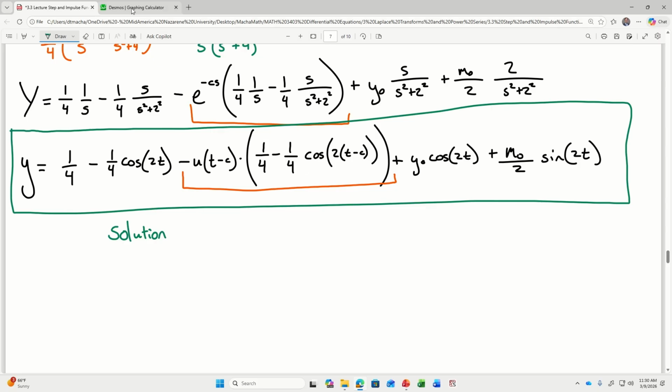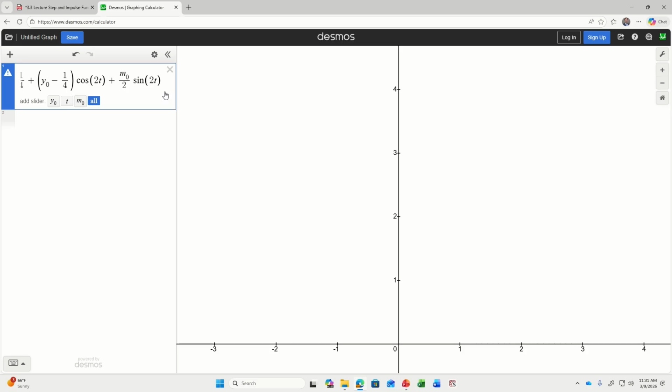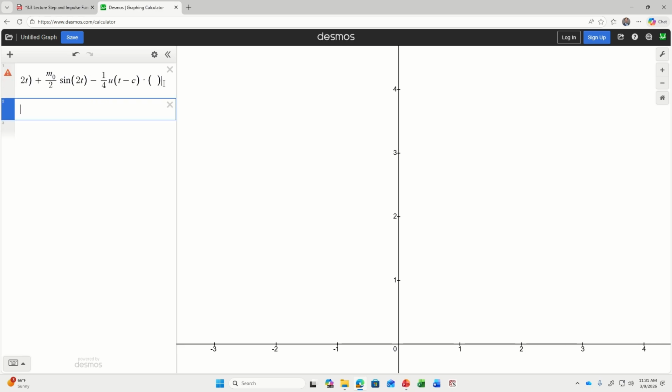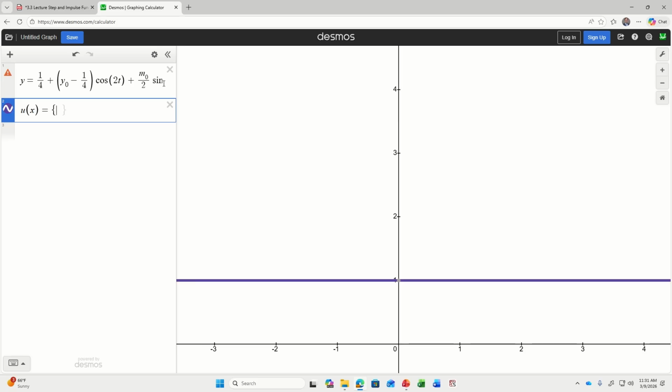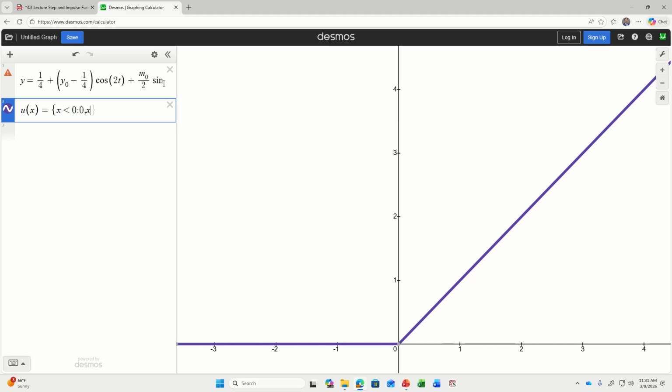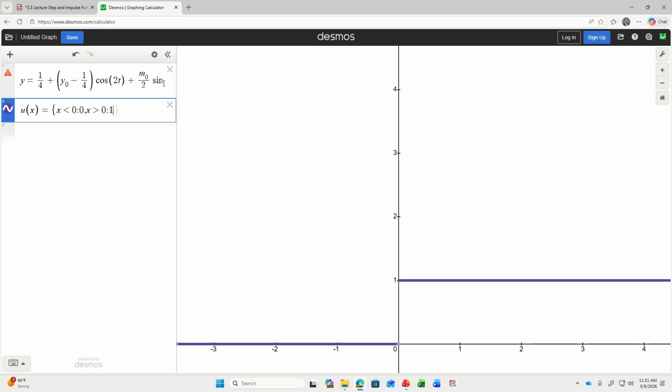And then we're going to have minus 1/4 unit step times something there. Before I forget, unit step is going to be 0 where x is less than 0, and 1 where x is greater than 0.